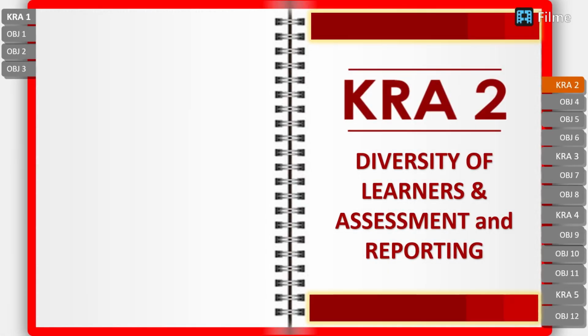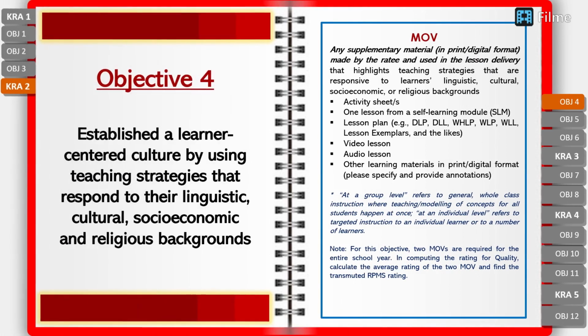For KRA2, Diversity of Learners and Assessment and Reporting. Objective 4. Established a learner-centered culture by using teaching strategies that respond to their linguistic, cultural, socio-economic, and religious backgrounds.